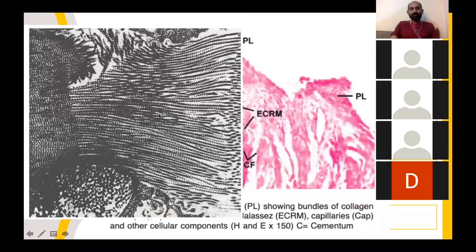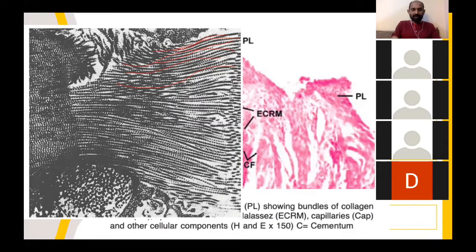Now if you can see this black and white picture, can you see these fibers here which have a wavy course? These fibers are the collagen fibers, and what you can appreciate in this collagen fiber is that within one fiber, you can see striations.